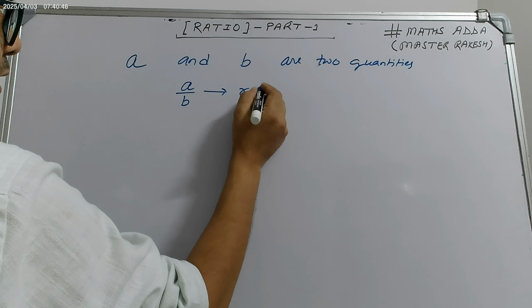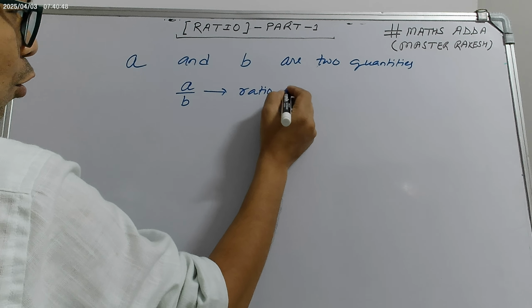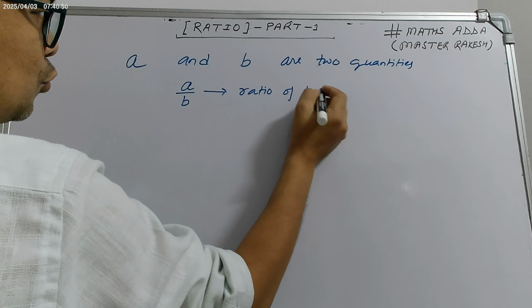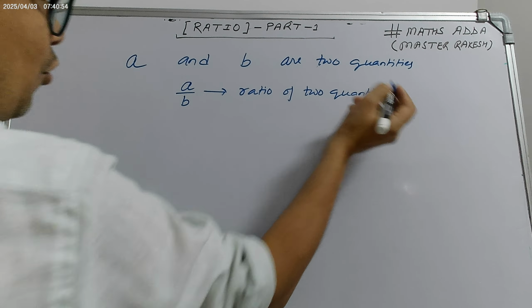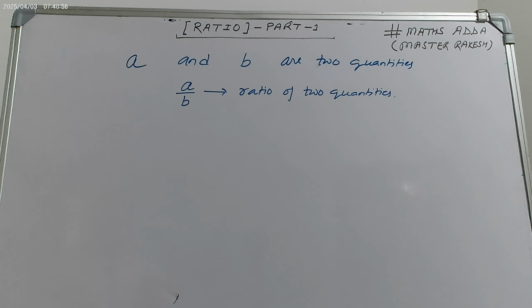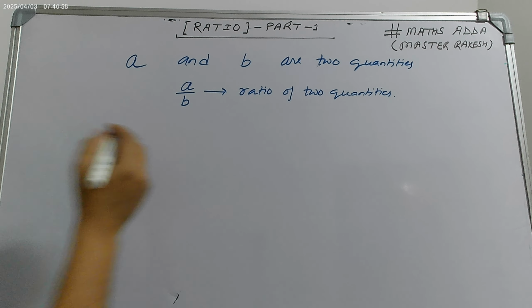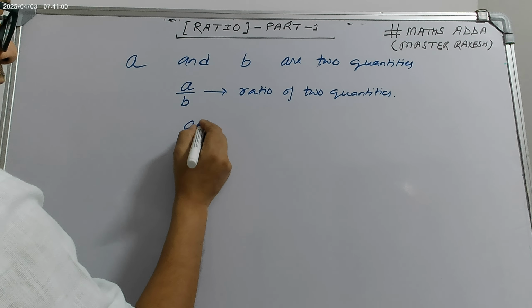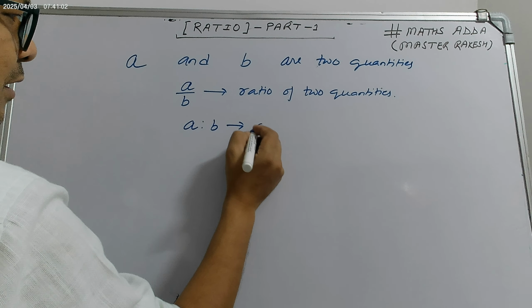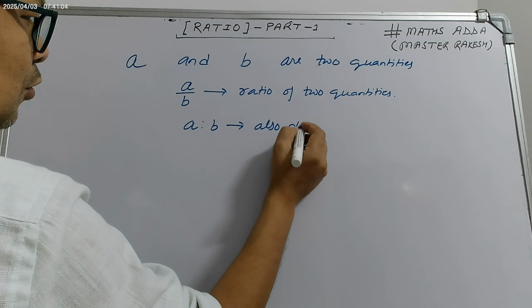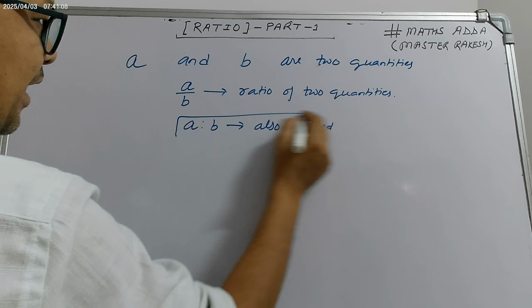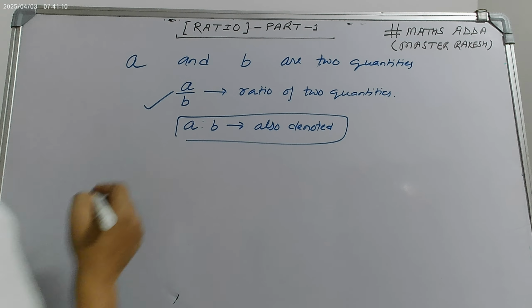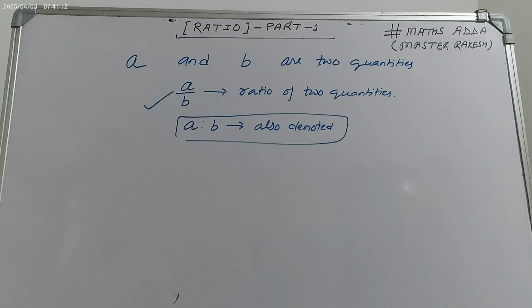It is also denoted by A ratio B. So A by B is the ratio of two quantities, and it is also written as A ratio B.